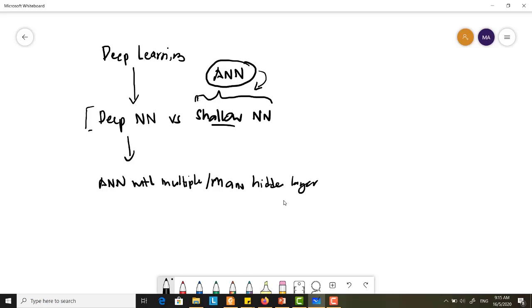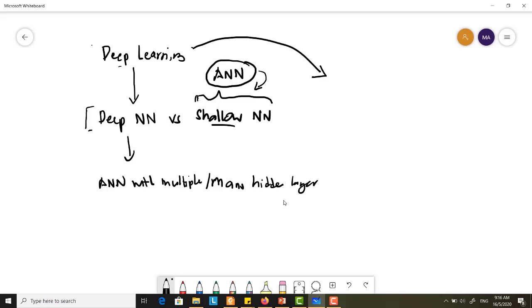Let me give you a little more information about deep learning here. Like I said before, many sources use this definition, meaning that when they discuss deep learning, it refers to deep neural network.